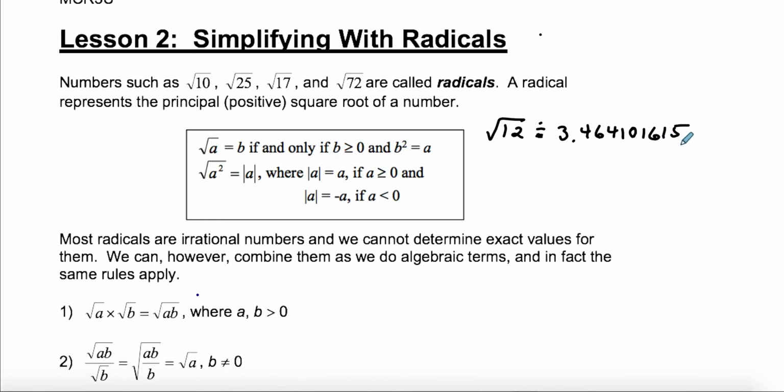There's a zero there, and it goes on and on. So usually we would say that's probably equal to 3.46. That is an approximate answer. And as you get into higher levels of math, approximate answers aren't always what is accepted.